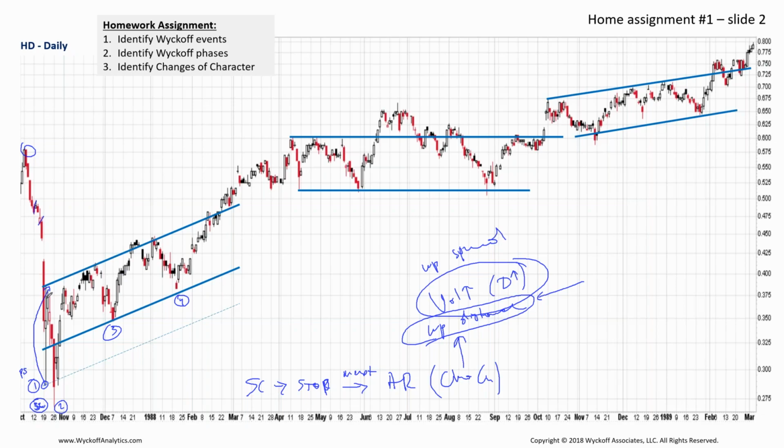What can we say about the volume signature, by the way, Philip? Just looking at the spread itself, what do you think the volume is doing here? Oh, well, increasing, hopefully. Okay, and why do you think it's increasing?